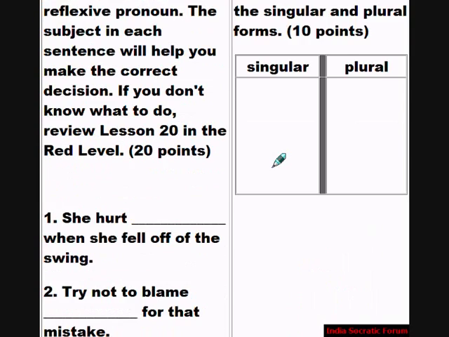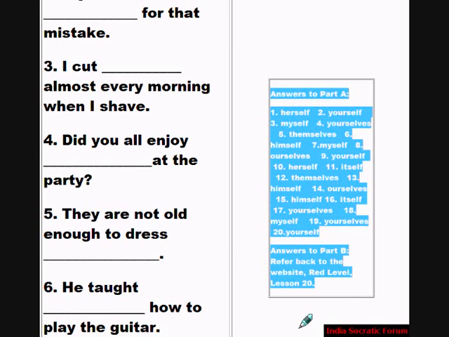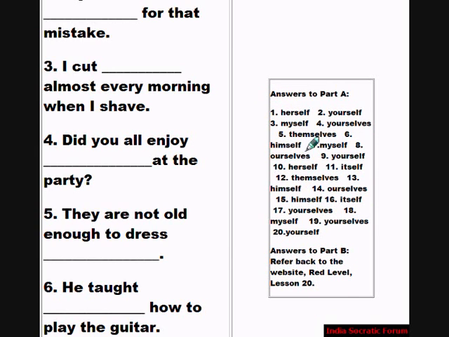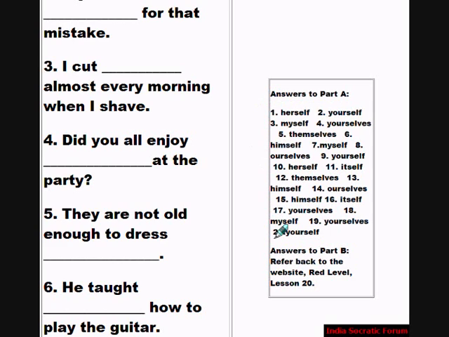Here are the answers. Go through them. Okay. Verify that with your answers and evaluate.